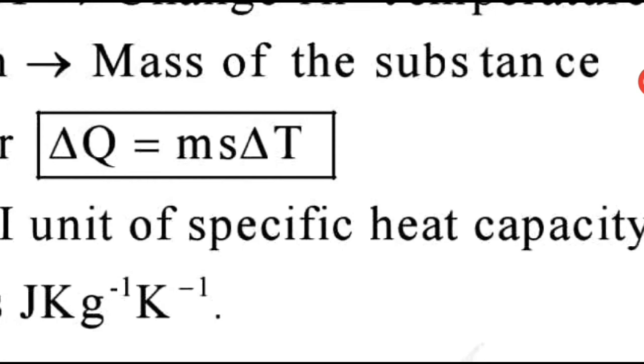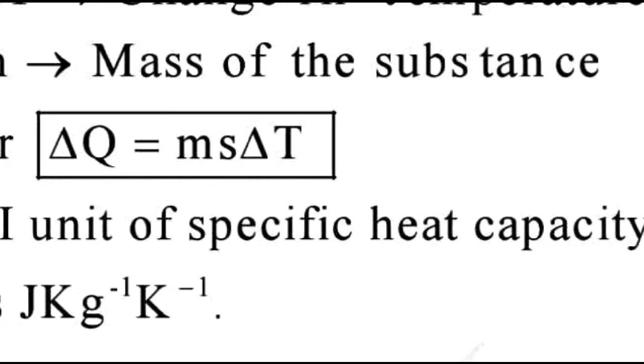The important equation which we use in solving this problem is this: delta Q equals m s delta T. Here m is the mass of the substance, s is the specific heat capacity of the material, and delta T is the temperature difference. So to raise the temperature of a substance whose mass is m through delta T, how much heat is given, or when it is cooled through delta T, how much heat is liberated.